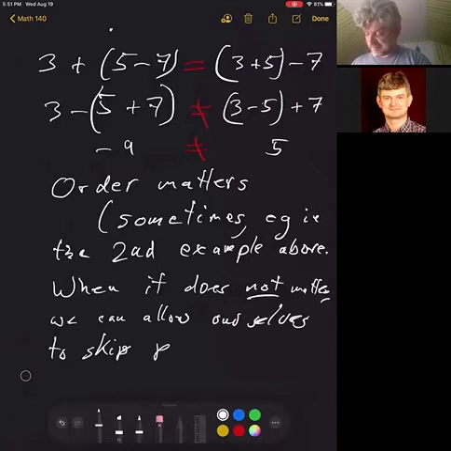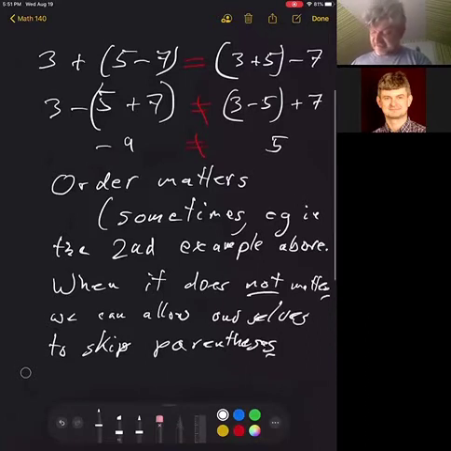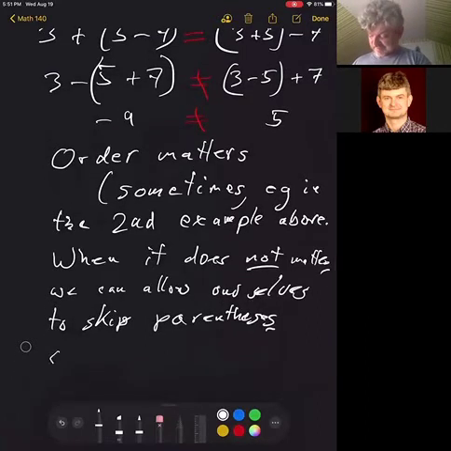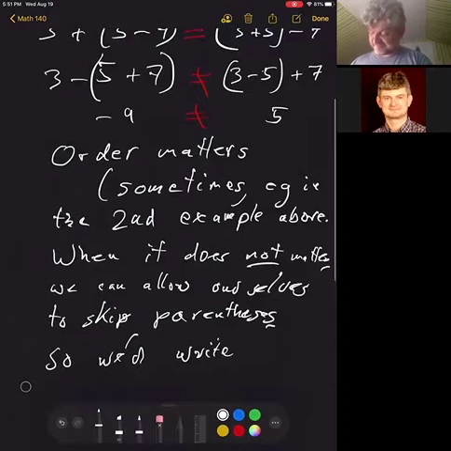Skip parentheses. So we would just, for the first example, write 3 plus 5 minus 7.